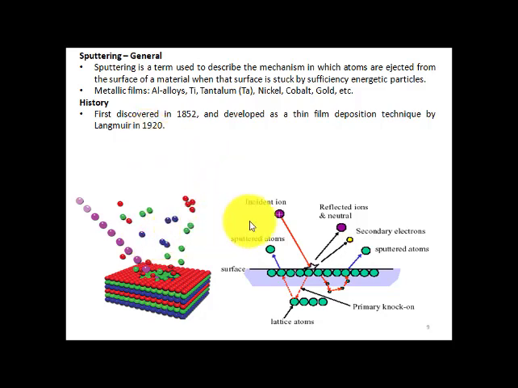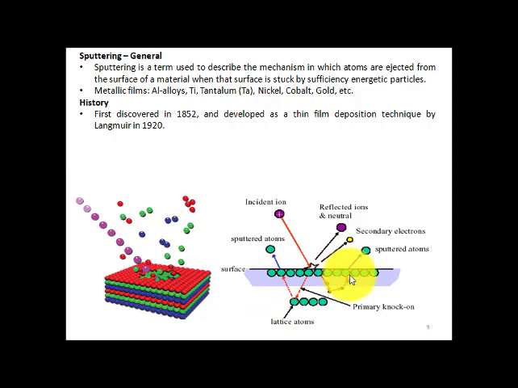Here are two pictures which are showing the sputtering procedure. In the figure on the right side, we can see the surface of a target material, a source material. This is the first layer of atoms at the surface of the target material, which are circular round atoms in green color.